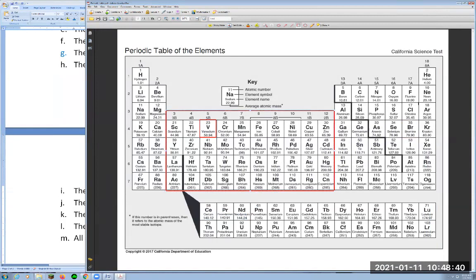Yttrium. Oh, well, there is also tungsten, here. There are 3 of them: vanadium, yttrium, and tungsten.